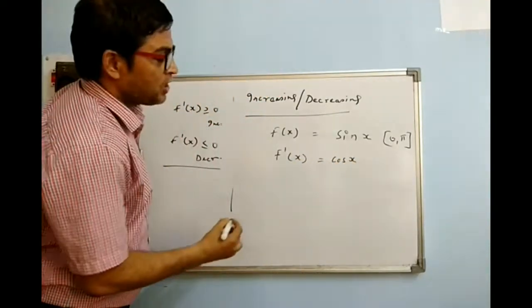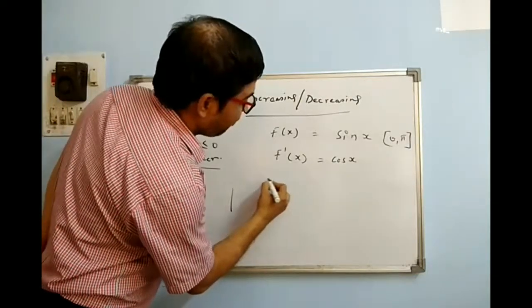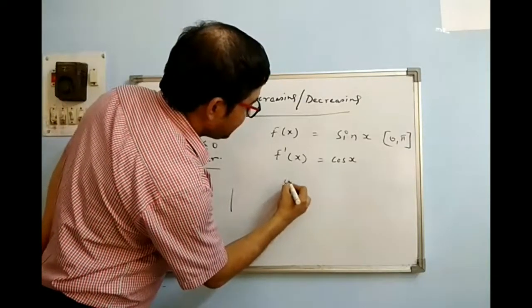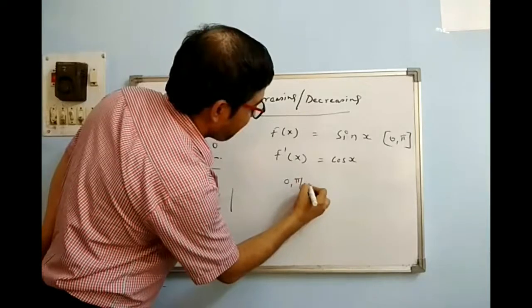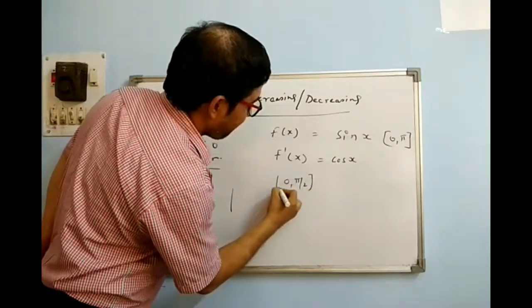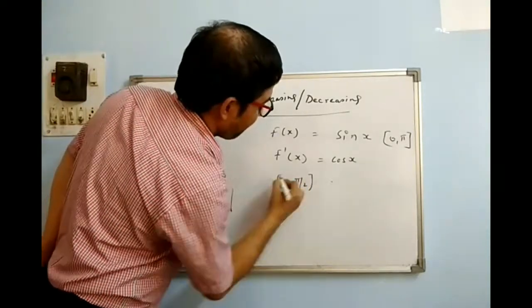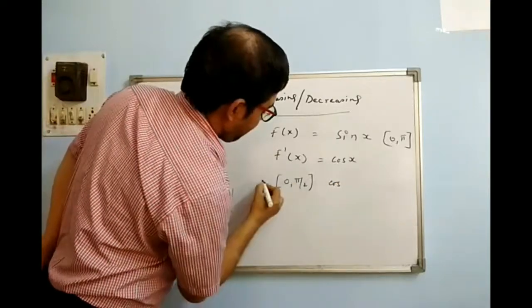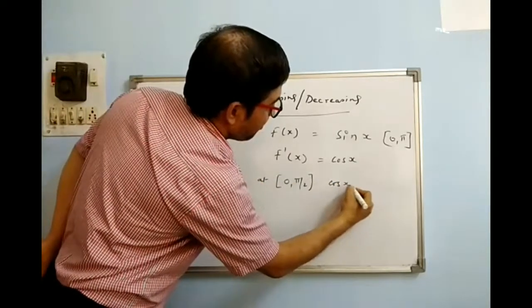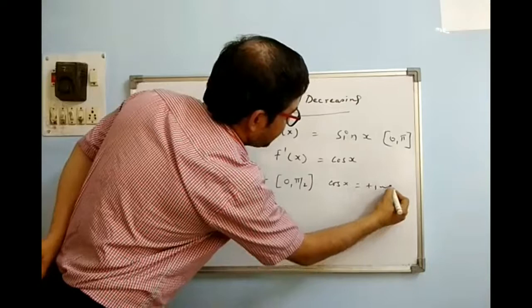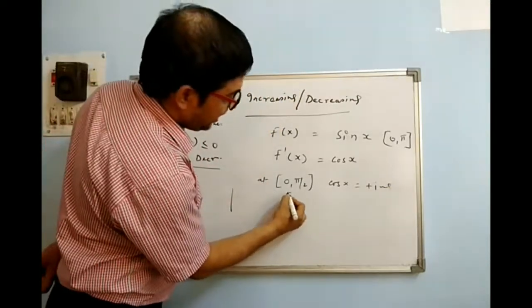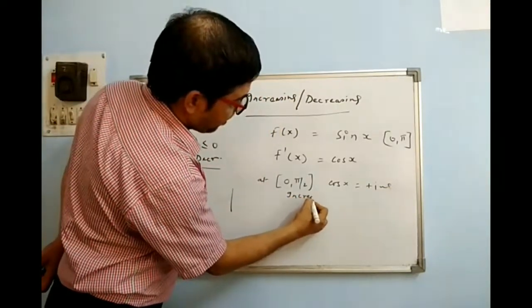We know that cos x is positive in the first quadrant. That means in 0 to pi by 2, cos x is positive. That means in this interval, the function is increasing.